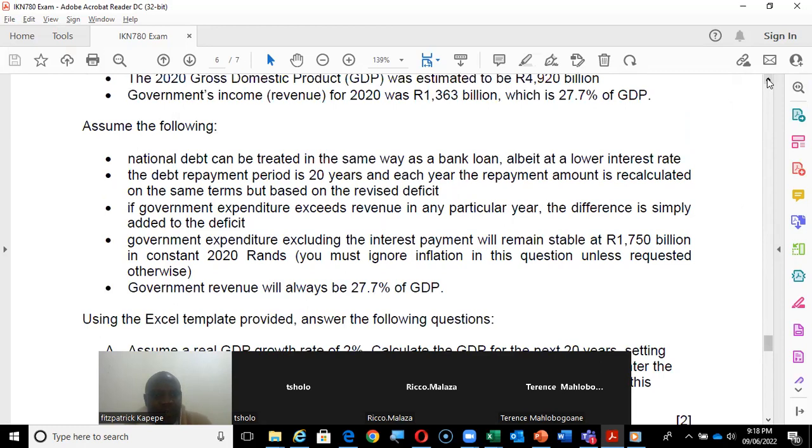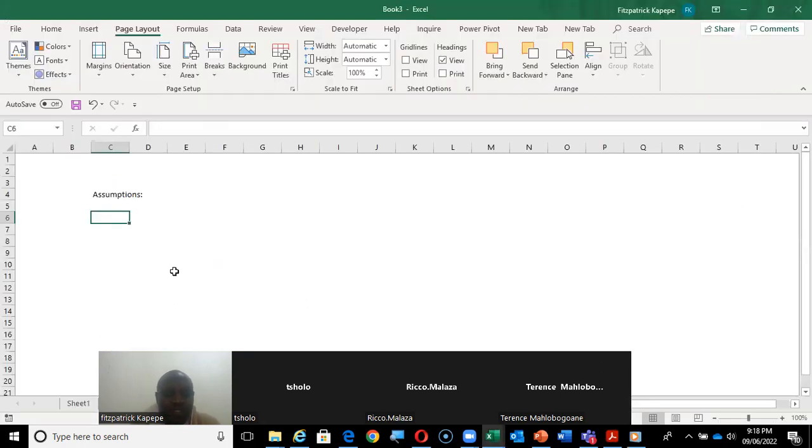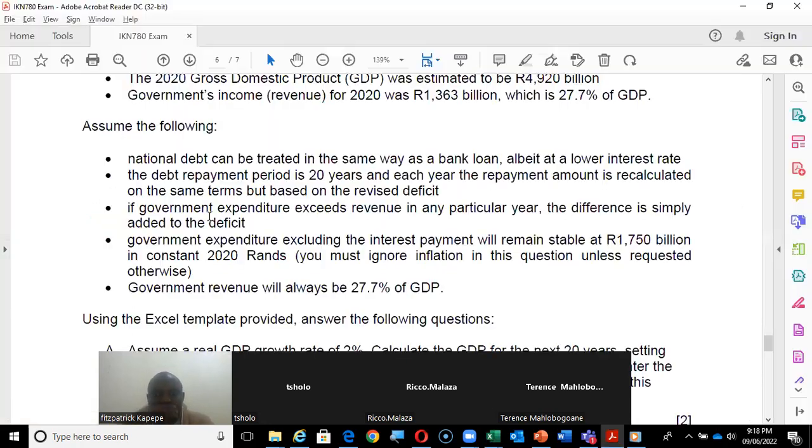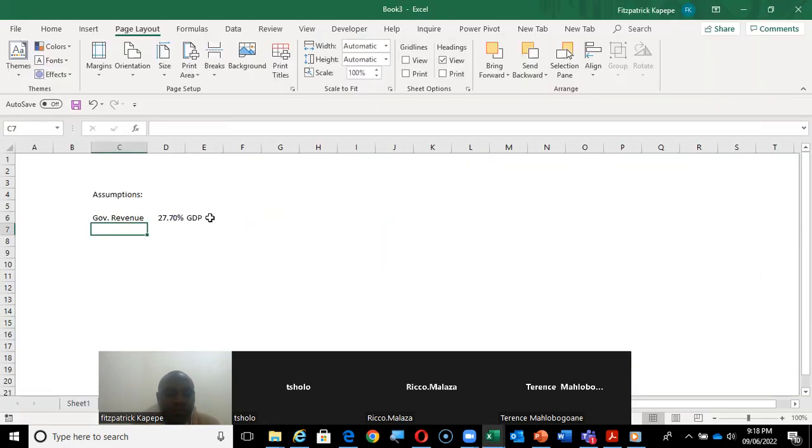So say government revenue to be 27%. Is it 27% of GDP? Okay. Then GDP growth is 2%.